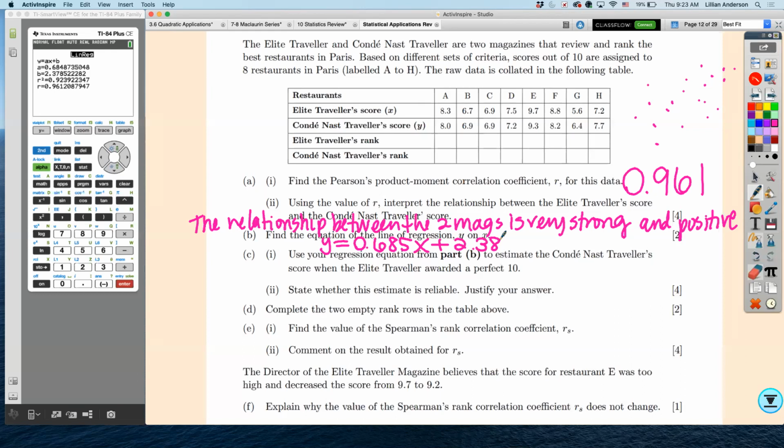So Elite Traveler was X or Y? X. So when Elite Traveler gives a perfect score of a 10, that means I have to plug 10 into my X. So go ahead and plug 10 into this equation, please, and tell me what Nash Traveler's score is.